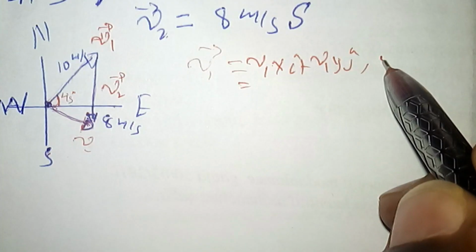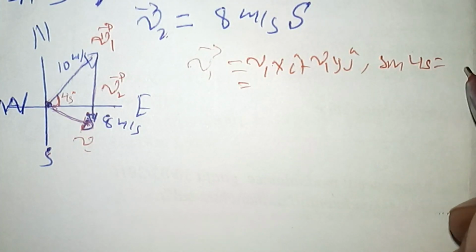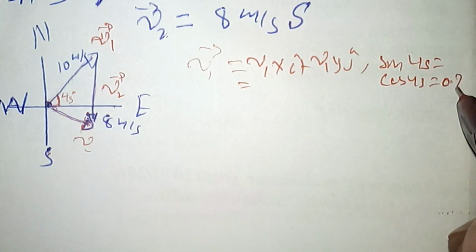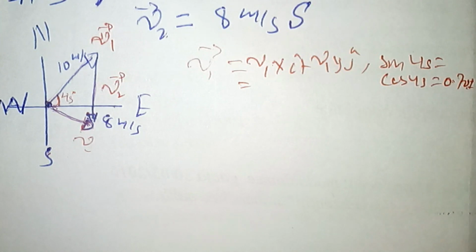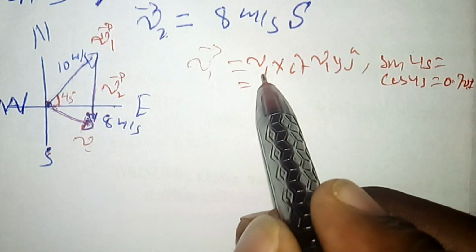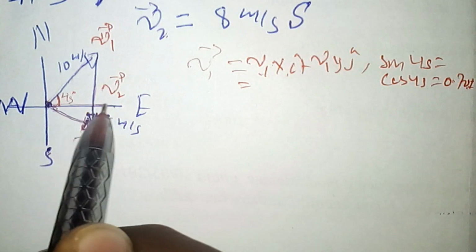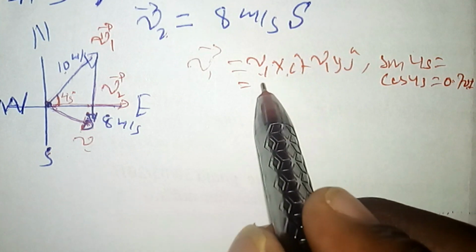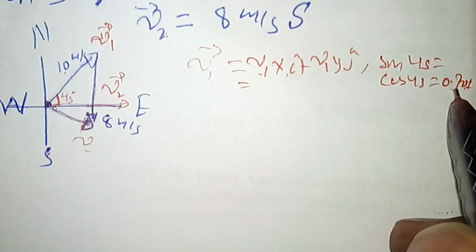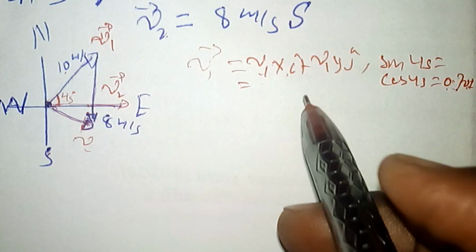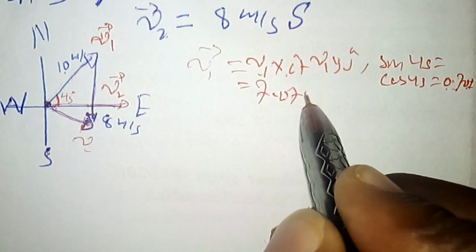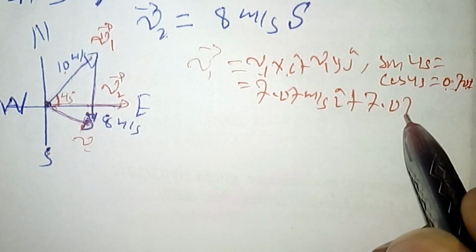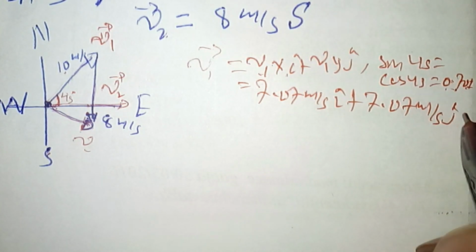So sine of 45 is equal to cos of 45, that is 0.707, or radical 2 over 2. Then if I multiply this, the x component along the east is 10 meters per second cos of 45, so 0.707 times 10 is 7.07 meters per second i, and also I get 7.07 meters per second j.